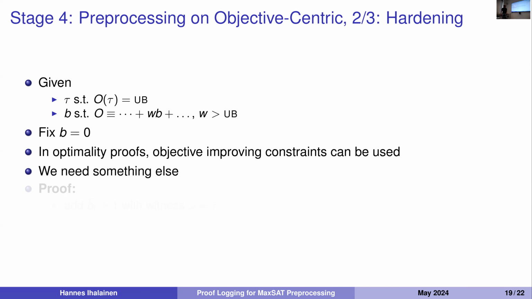To be able to fix this variable to 0, we are using the solution we found as a witness. So it obviously satisfies everything in the database, and because the coefficient of our variable is greater than the cost of the solution, we are also happy with the objective function.